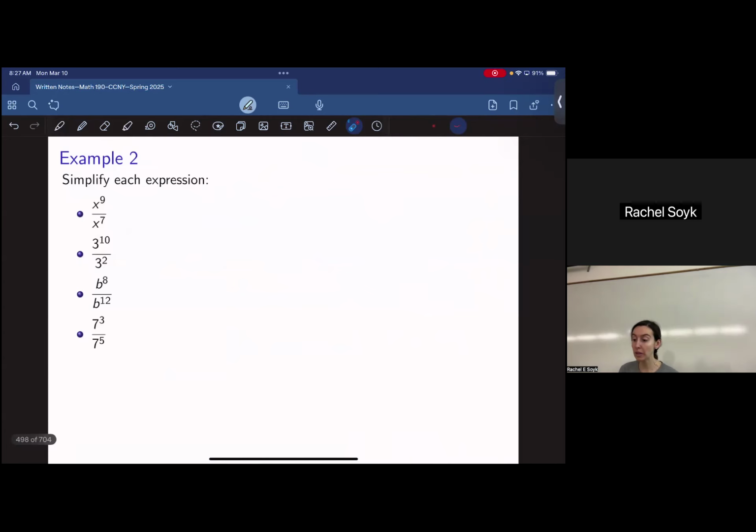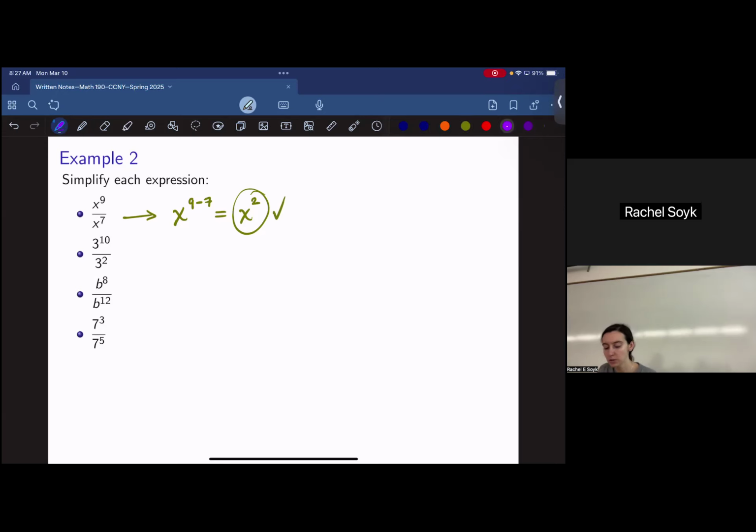Okay, so now knowing that, let's tackle these few examples together to practice our quotient, aka our division property. So first example, what's 9 minus 7? 2. So x to the 2 is our simplified answer.